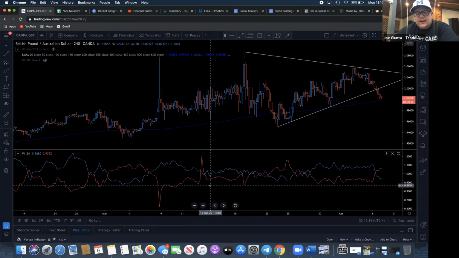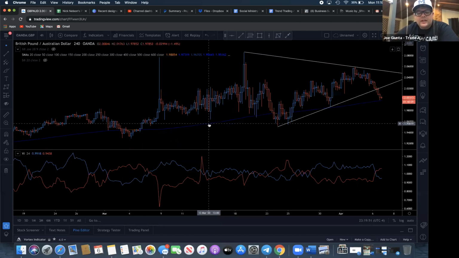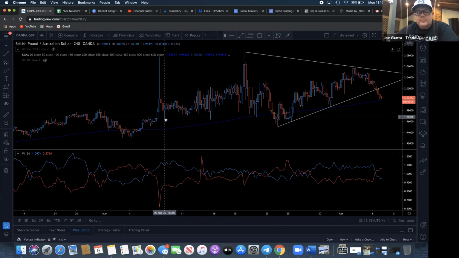But look, it just fakes out. Why? Because look, I'm above the 200 moving average. Why would I be trying to sell up here? I'm not even close to the 200. I still have a couple hundred pips to go before I even approach that. So I'm only thinking buy signals when I'm above that.